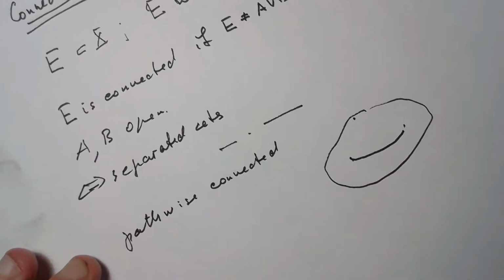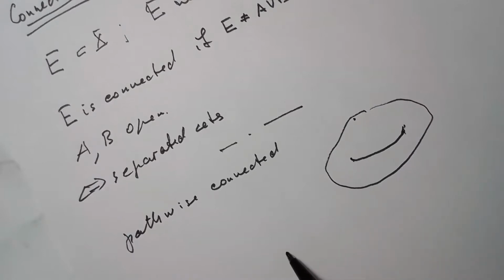So this is usually called a pathwise connected set. And again, I don't want to go into difficult examples in topology here, but in general, there are connected sets that are not pathwise connected. If the set is pathwise connected, it is connected. But if it is connected, it's not necessarily pathwise connected.